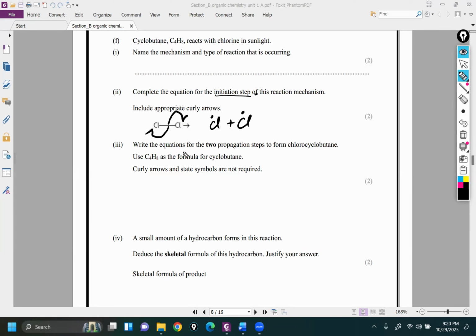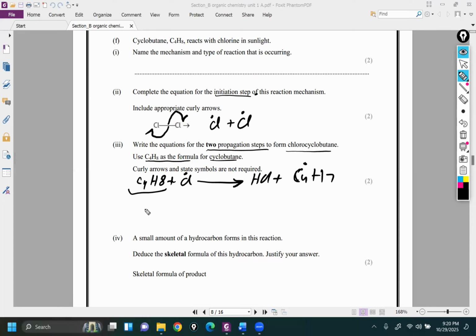The next part: write the equations for the two propagation steps to form chlorocyclobutane. Use C4H8 as the formula for cyclobutane. We have to write two equations; curly arrows and state symbols are not needed. So C4H8, as I told you before, from the initiation step the chlorine radical will come. It is very reactive, it will snatch one hydrogen, so it will become HCl plus what is left behind, C4H7, and always put a dot on the carbon, the free radical form.